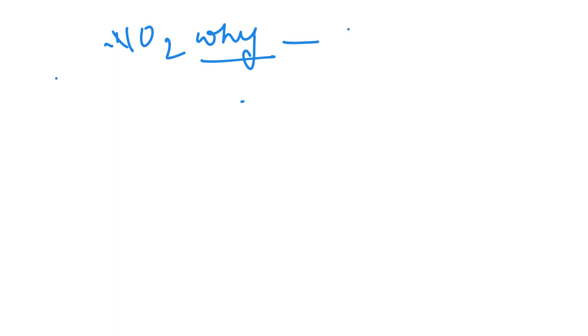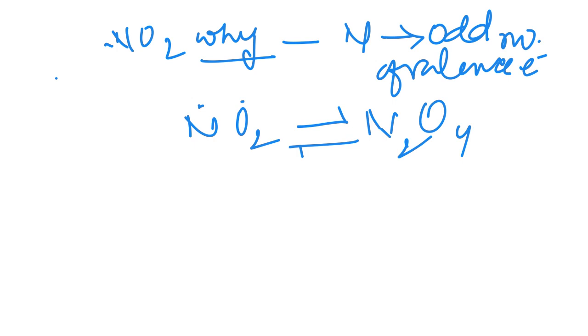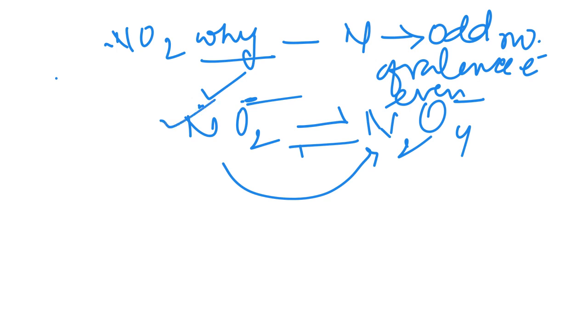This is because nitrogen in this compound has an odd number of valence electrons, that is, a single electron. It dimerizes to N2O4. So what happens on dimerization? Here there is an odd number of electrons, so it becomes an even number of electrons. It tries to go to the even electron species as compared to the odd electron one.